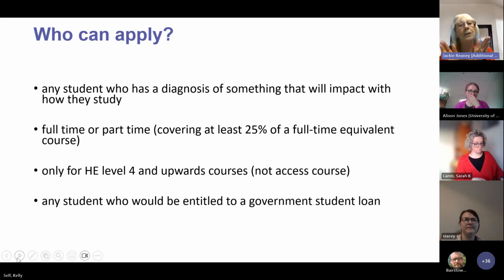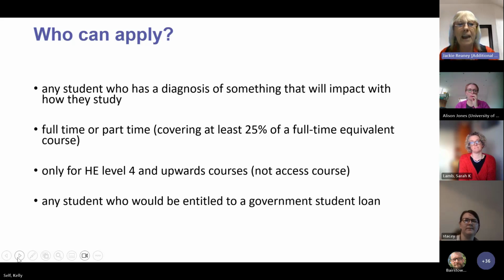If you know that your learner applicant has a diagnosis of something that's going to compromise or impact upon how they study in certain areas, how they study in the classroom, how comfortable they are, how anxious they are, then those are the people who will need to be looking at applying for this disabled students allowance, because we can use this budget to redress some of those difficulties.